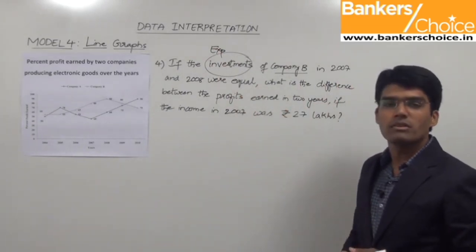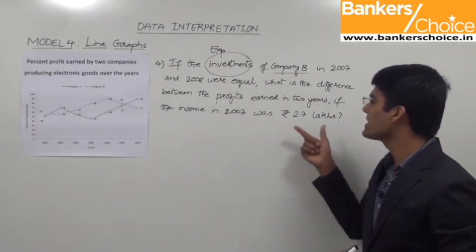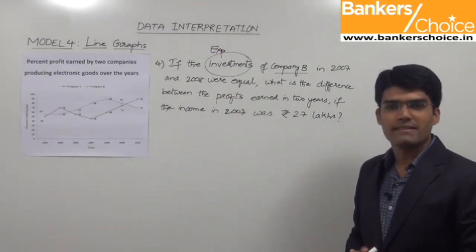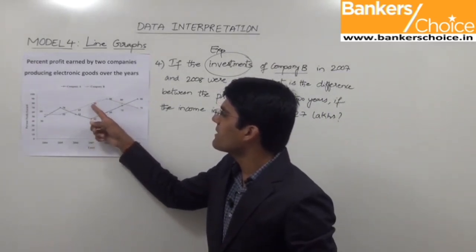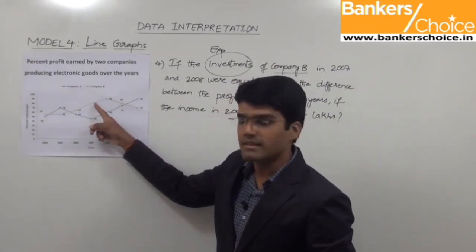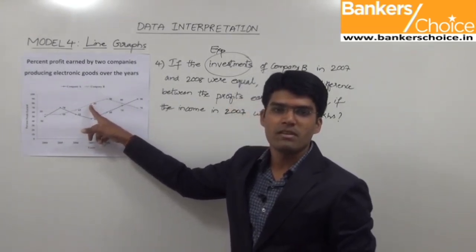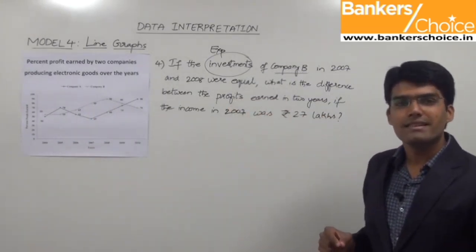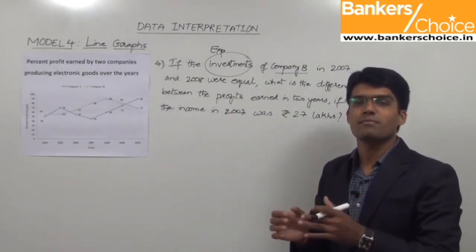So we need to find out the difference between the profits in these 2 years if the income in 2007 is rupees 27 lakhs. Now from the graph we know that the profit made in 2007 by company B is 80%. So if the profit is 80%, income will be 180%. Why? Because income is 100% plus profit percent.